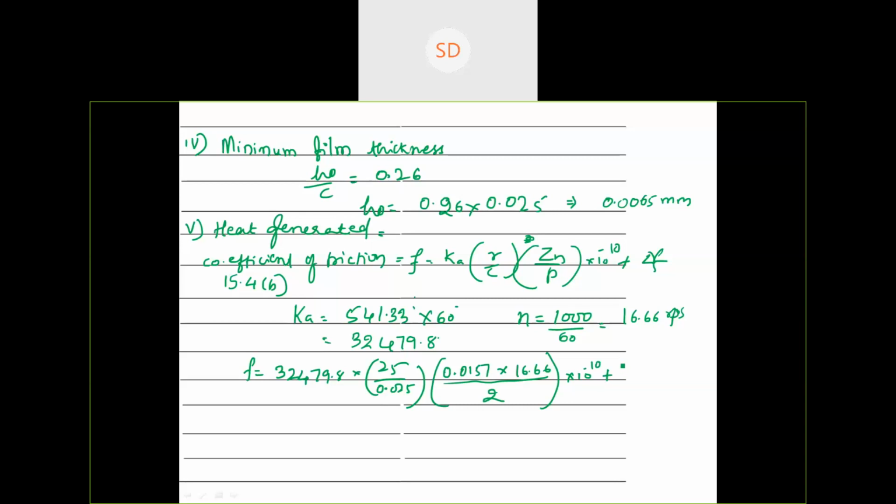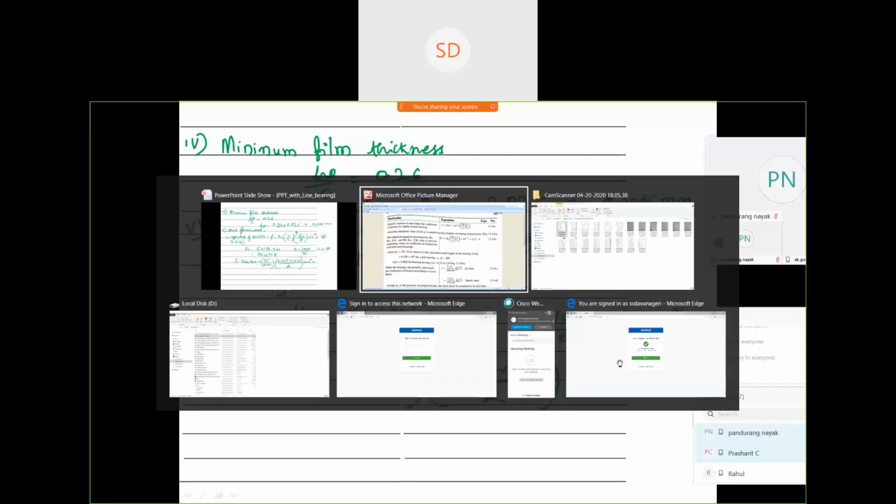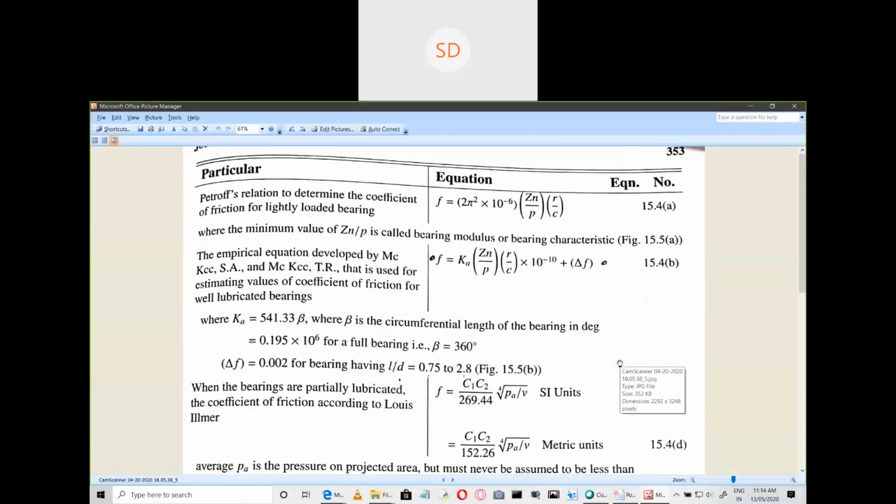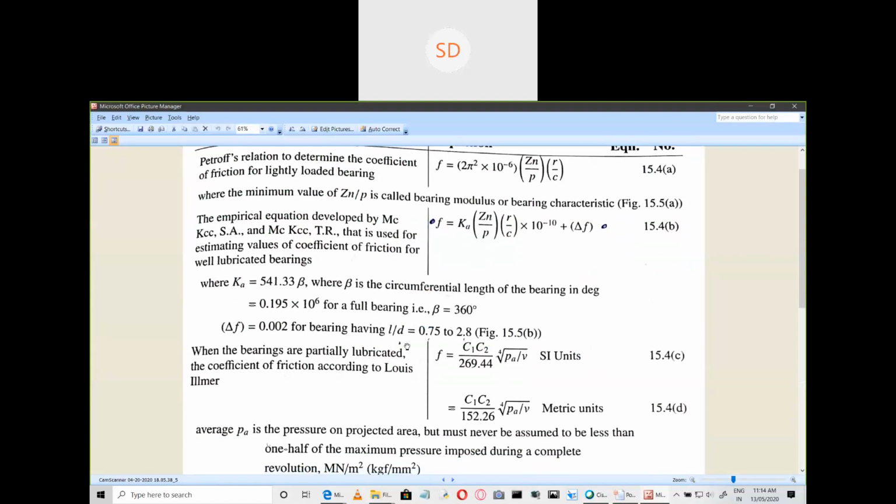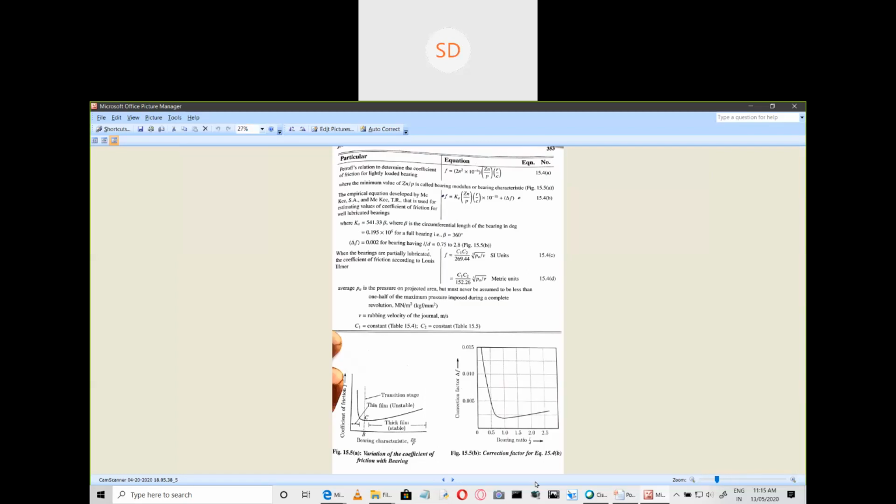Now in this case, delta f you can refer from figure number 15.5b, for the L by D ratio, which ranges from 0.75 to 2.8. You can have delta f equal to 0.002. Suppose if you want to cross check whether it is right or wrong, you refer to figure number 15.5b.